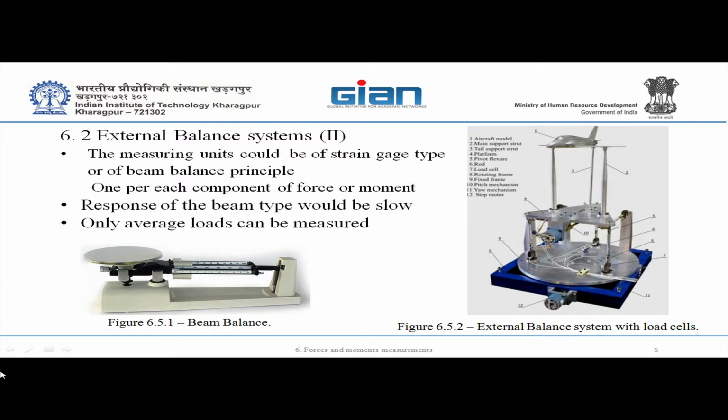Okay, now we are talking about balance, not about flow. So what is the means of transferring the loads on the external balance onto the model? Through the struts. The three pillars coming down from the model are transferring the loads in all directions.